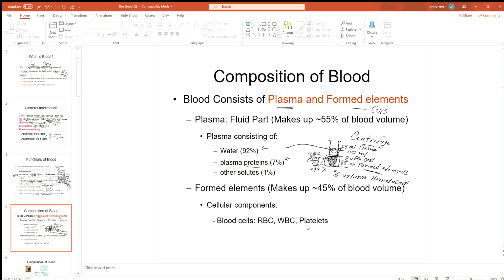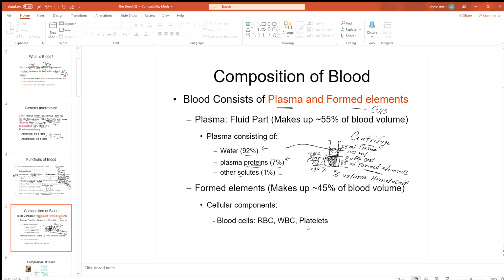So mainly water, and 1% other solutes dissolved in the plasma. You know that hormones, antibodies, and different other chemicals, we talked about that, are dissolved here. So only 1% other solutes.